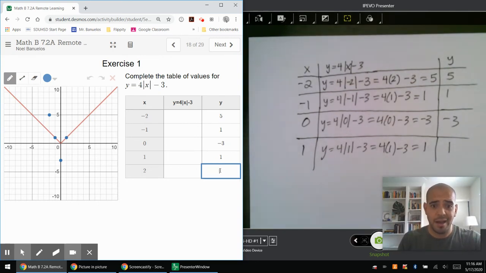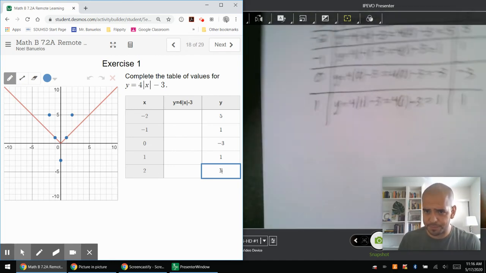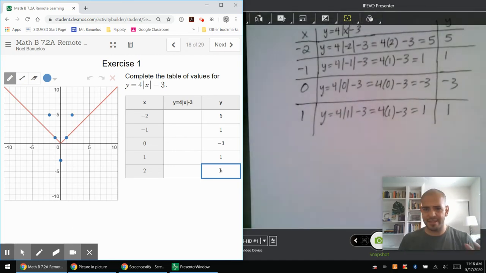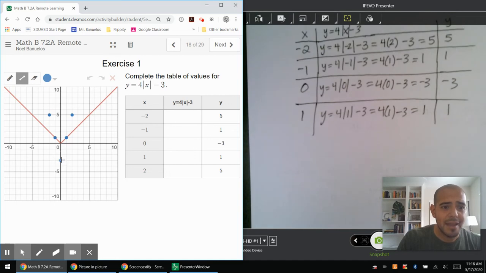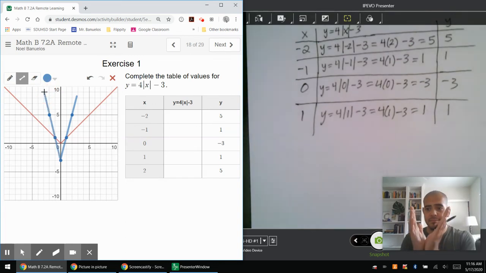So this value here is going to be 5. But I like to prove it. You can do it on your own. Now we're going to connect these dots and look at our new function right here. It's a function that got translated down 3 units, and it got narrow.